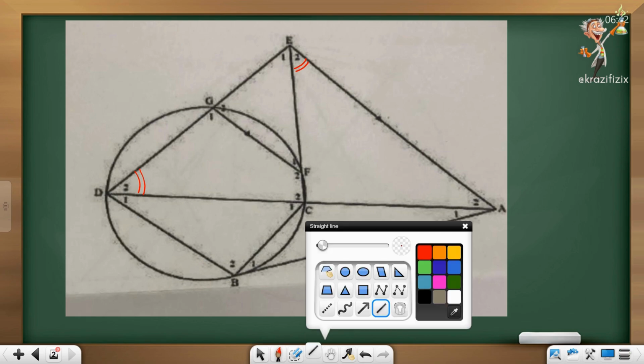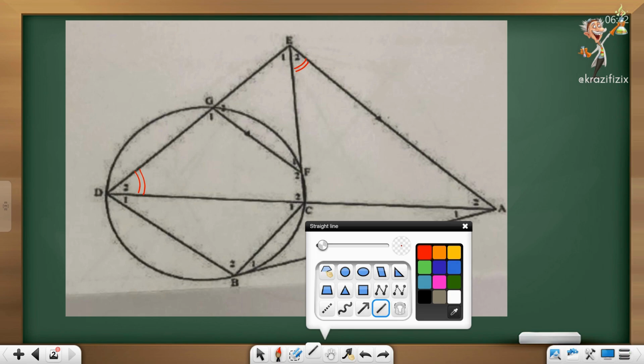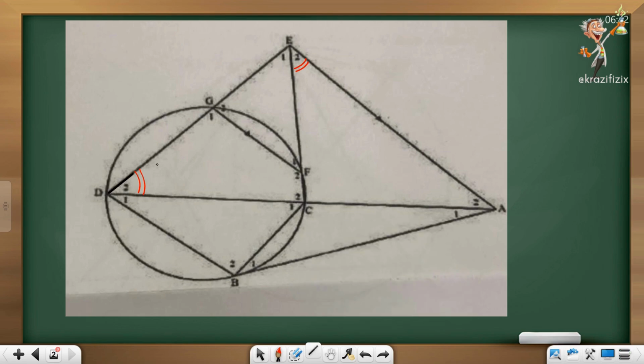The first thing I'm going to look at quickly, my learners, is that this is a cyclic chord. So I see that angle D2 is in a cyclic quadrilateral, and we are told that this line is parallel to that line.